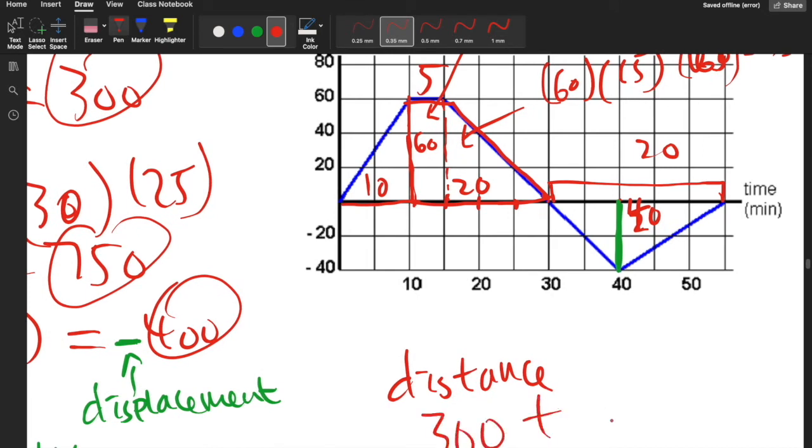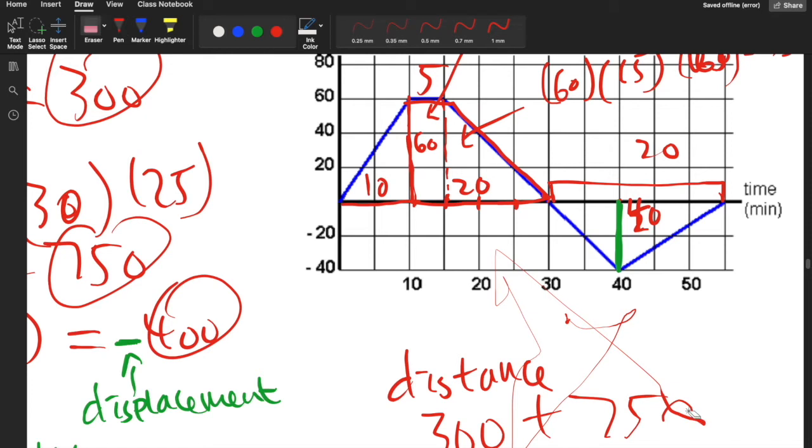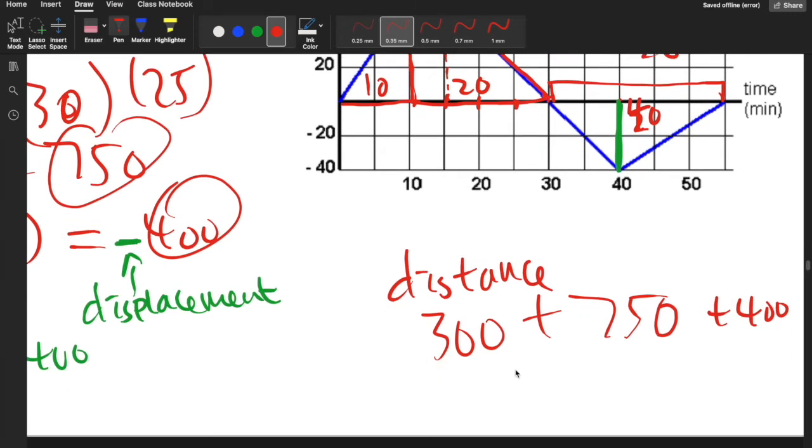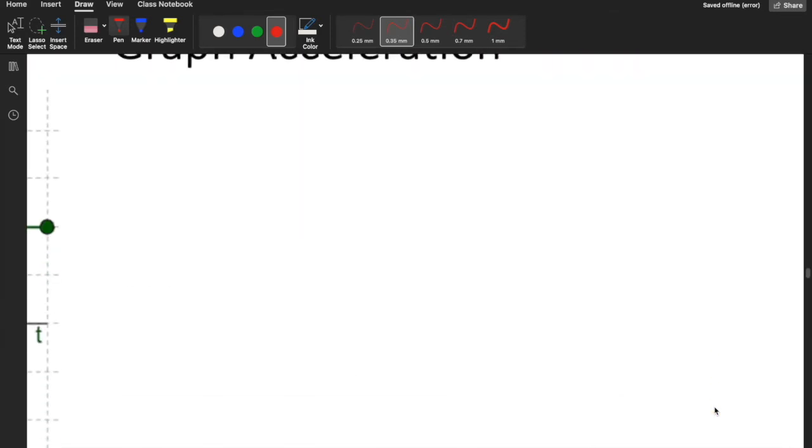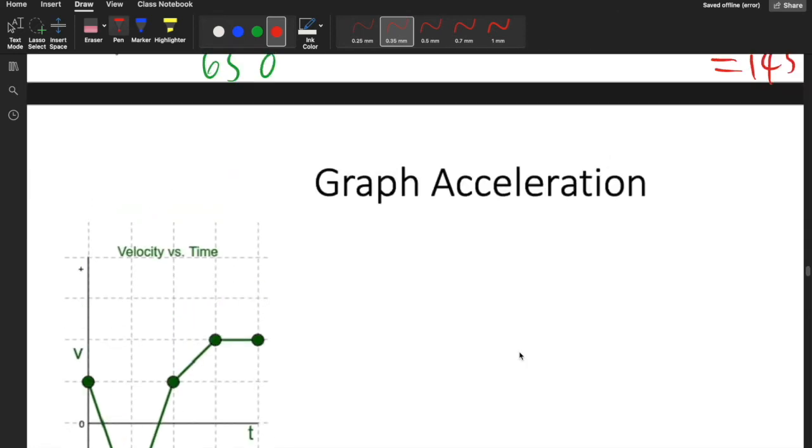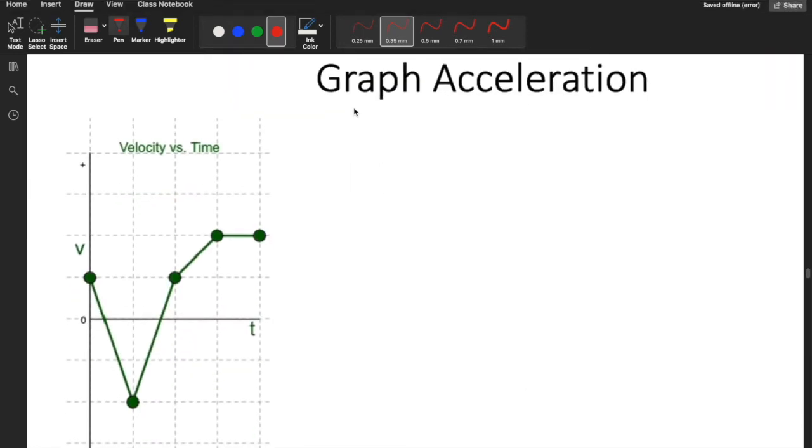So 300 plus 750 and plus 400, which is equal to 1,450, right? So this question might be a little bit challenging, but graph the acceleration versus time based on the graph of velocity versus time.